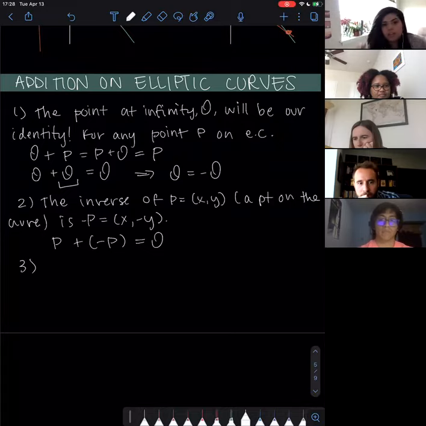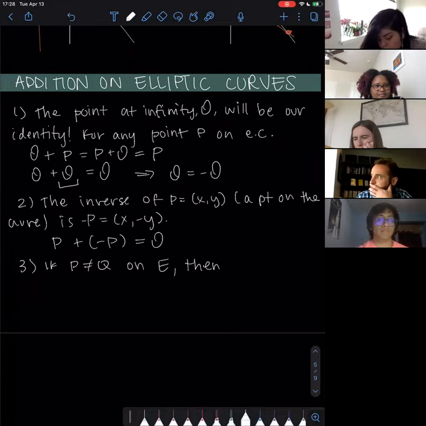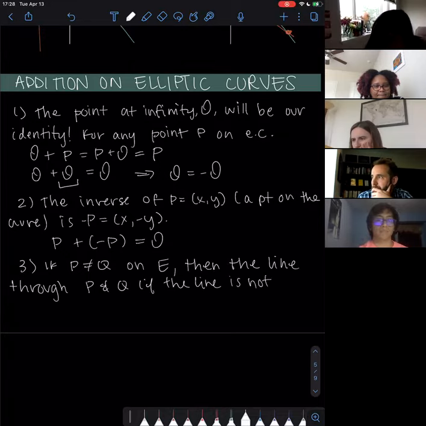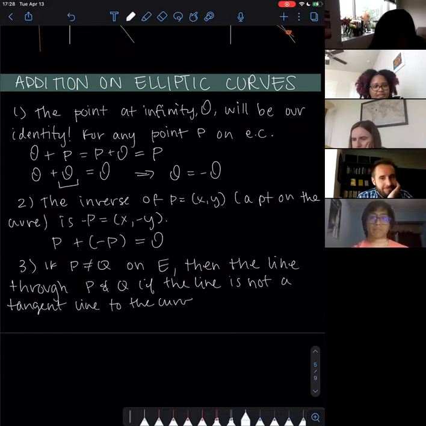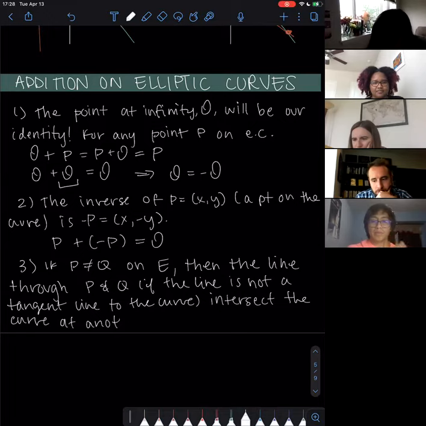Okay, so this third thing. Now, if you have two distinct points on the curve, P not equal to Q, then we've talked about how the line through P and Q, if the line is not a tangent line to the curve, will intersect the curve at another point, call it R, right?